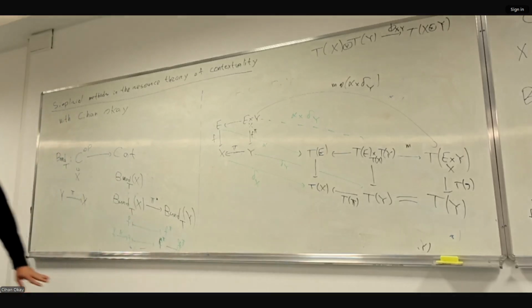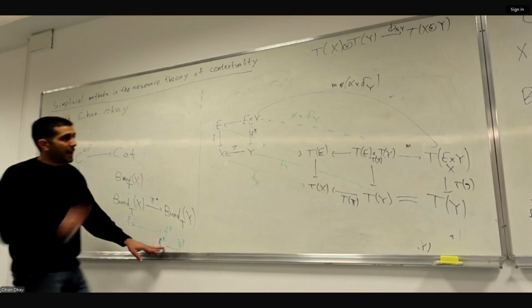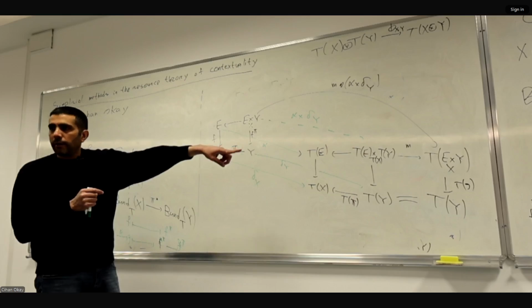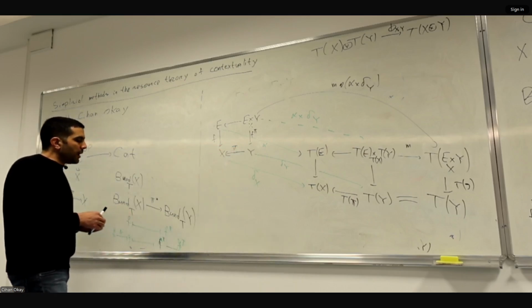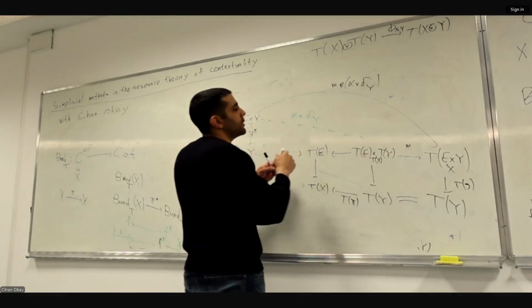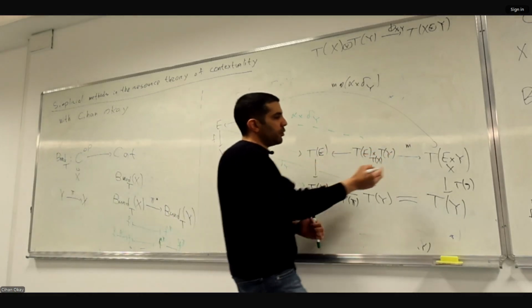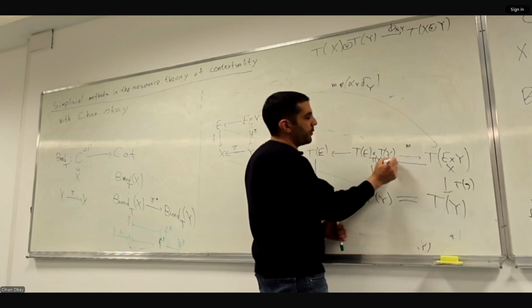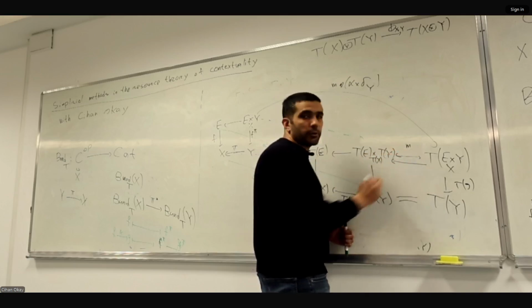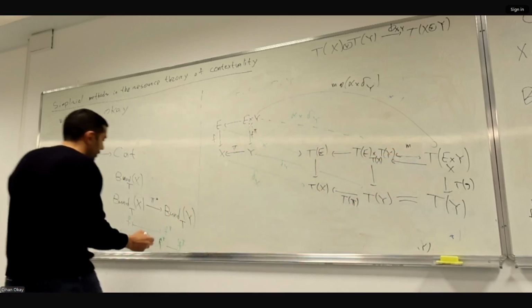At least for defining this, we needed this map. But I think we also needed to say that this map is a section of this, or the natural map from here to here, because there is a natural map to the pullback. So this is a section for this. We need this only in order to define this.